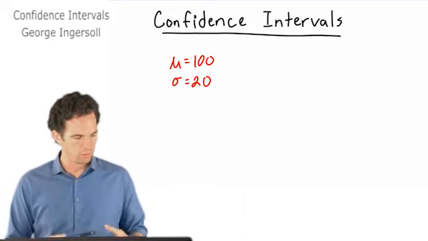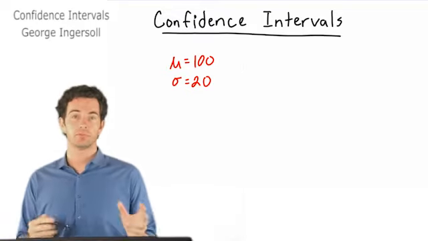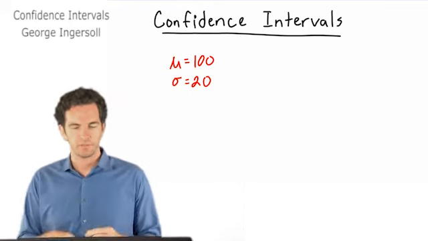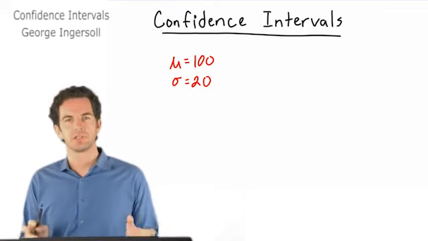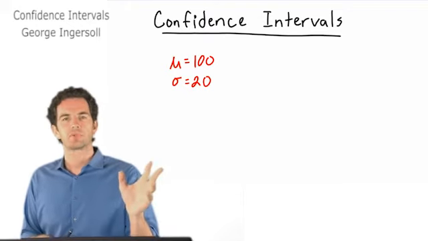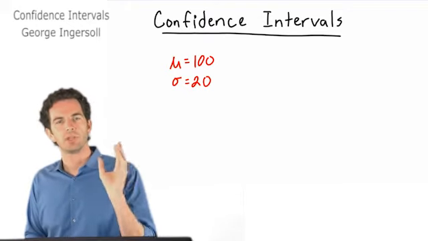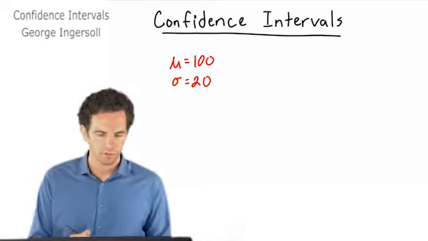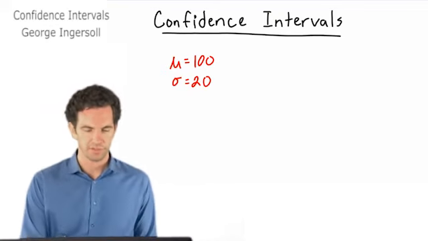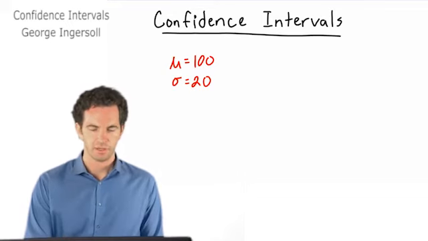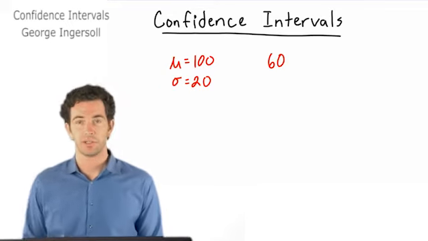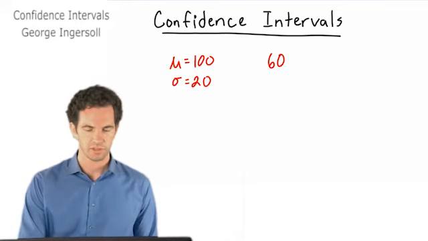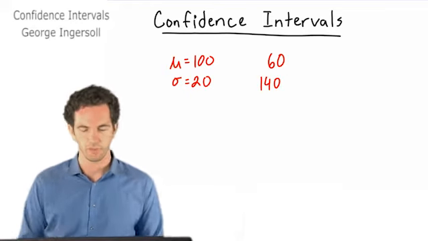Now, we know, or hopefully you all know, that one of the easiest and most commonly used conversions in the z-table is to say 95% of all results are going to fall within 2 standard deviations of the mean, right? So with this mean and this standard deviation, 2 standard deviations to the left is 60 and 2 standard deviations to the right is 140.